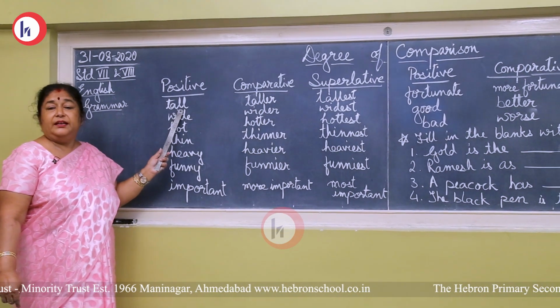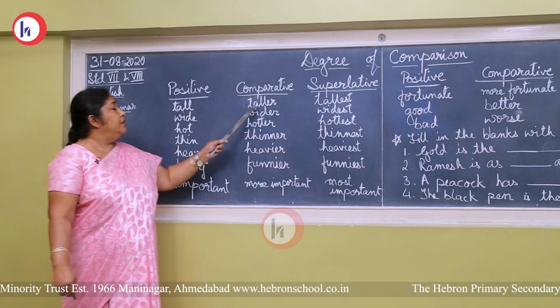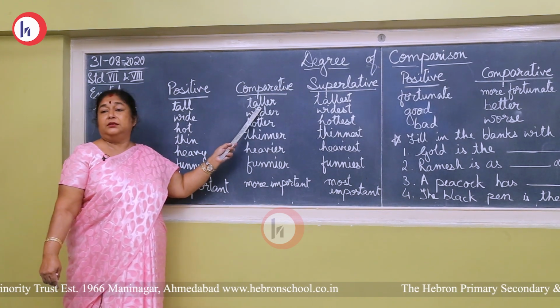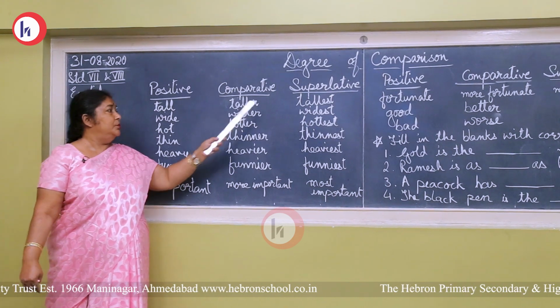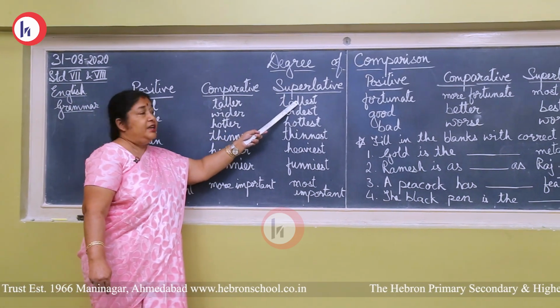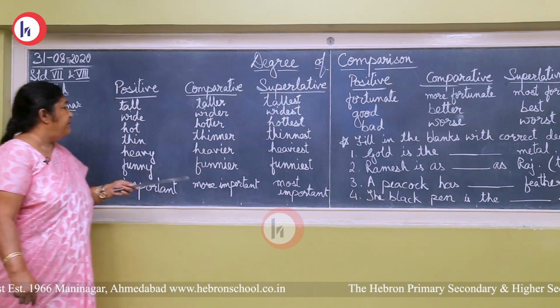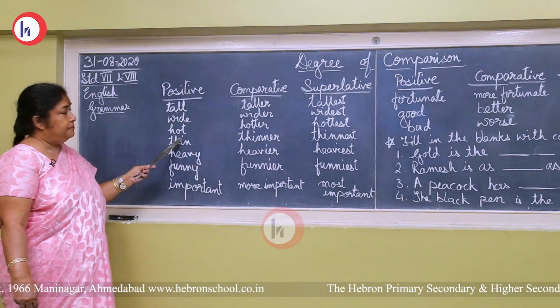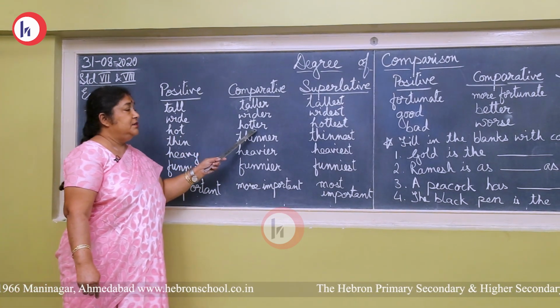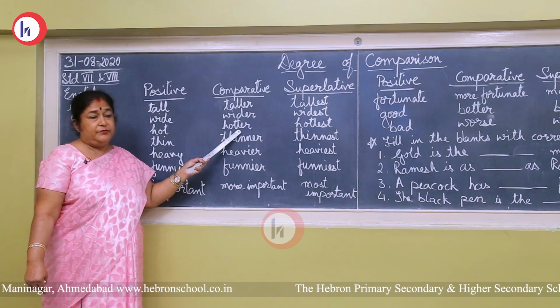Some mountains are tall. The Aravalli is taller than Mount Abu, and the Himalayas is the tallest mountain. Same way, we can say hot. Fire is hot. Sun is hotter than the fire.